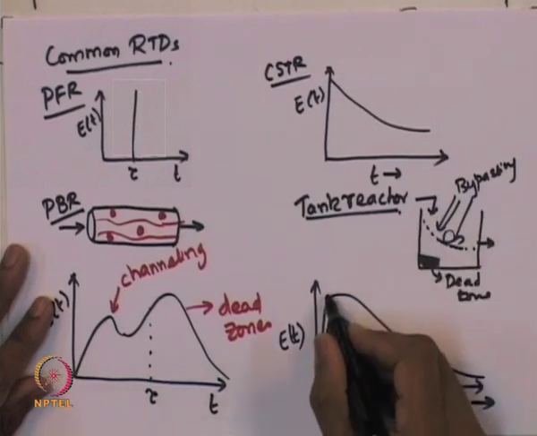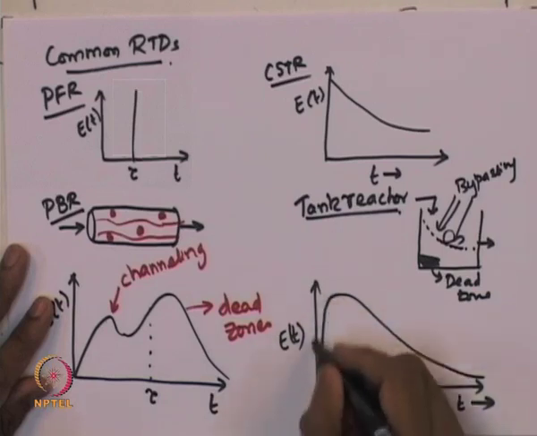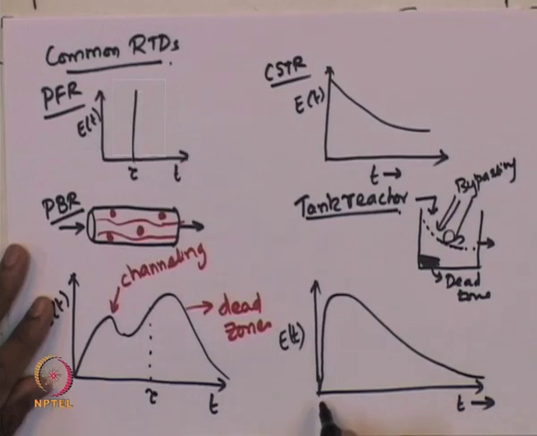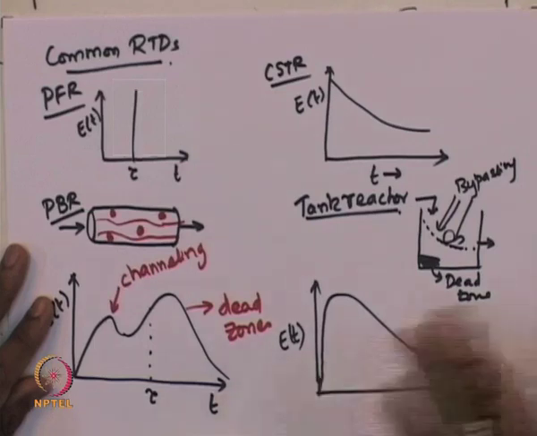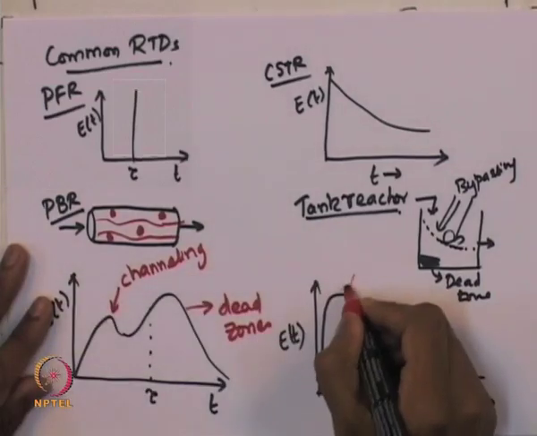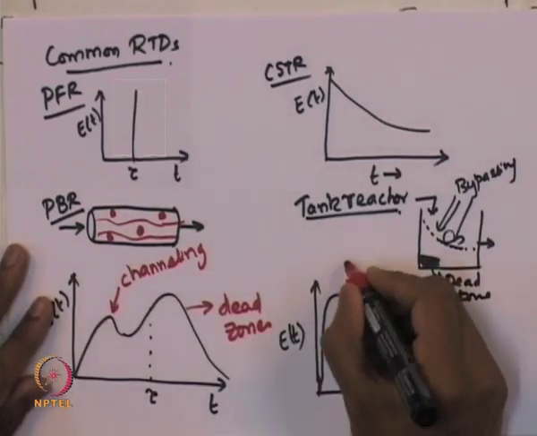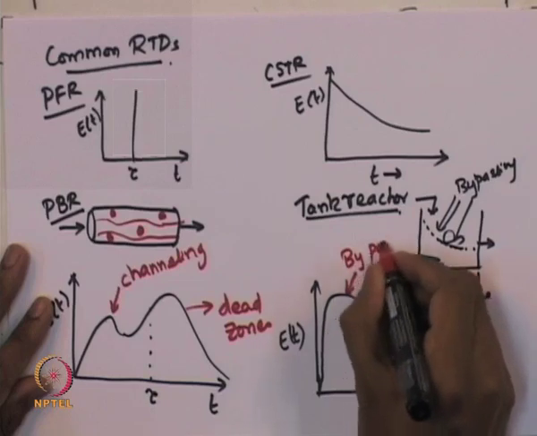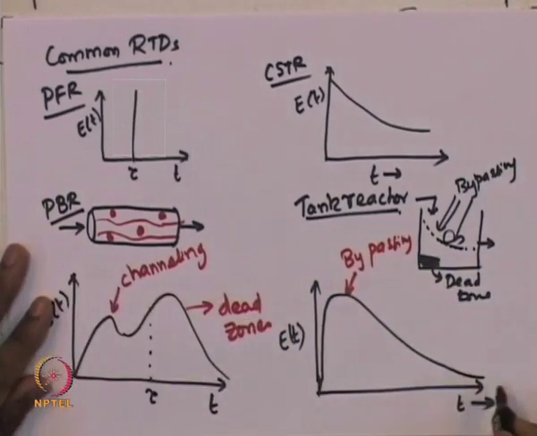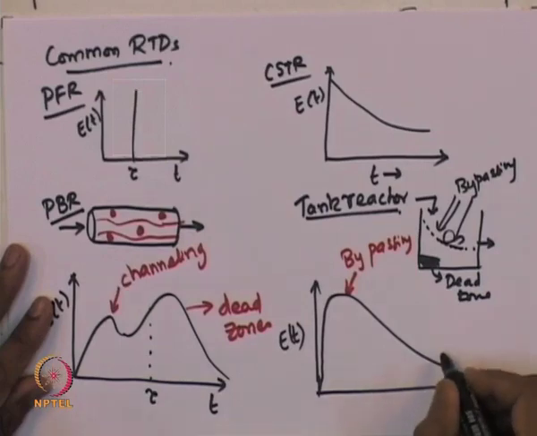That is captured by this sharp peak present at time close to 0, that is, at the initial stages. So this corresponds to the bypassing, and then the long tail which is present here is because of the dead zone.